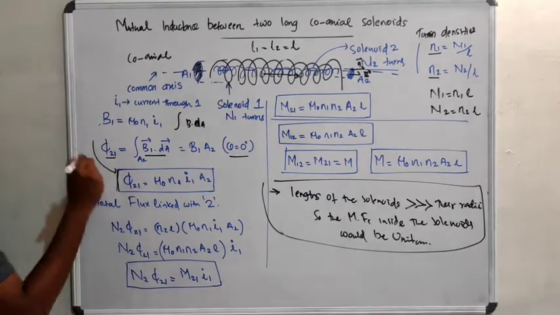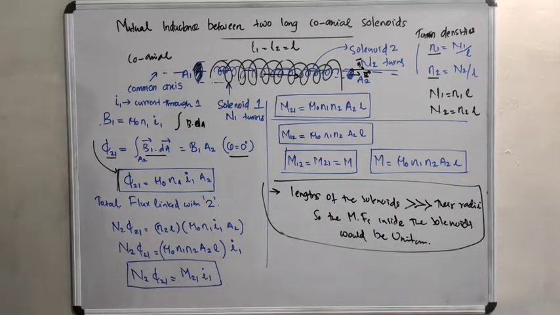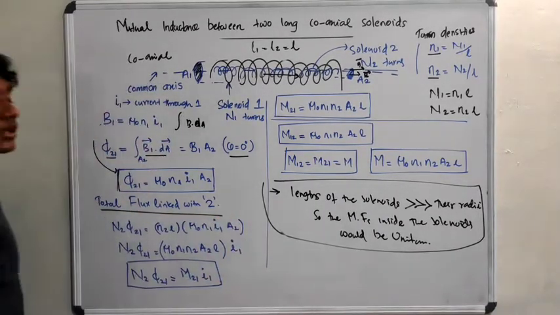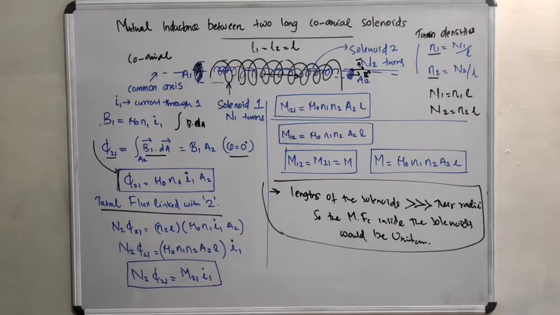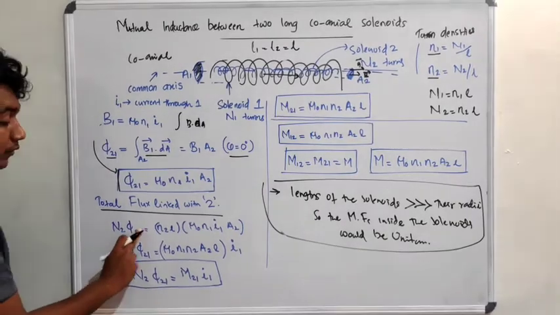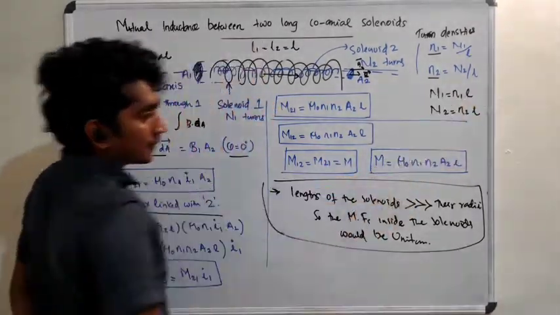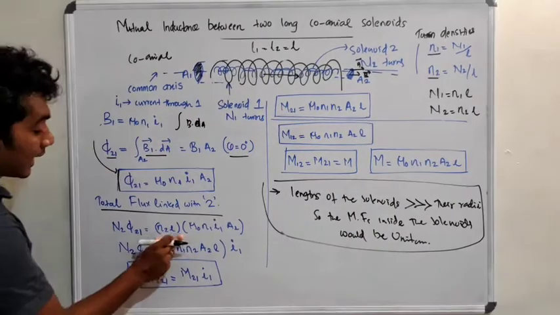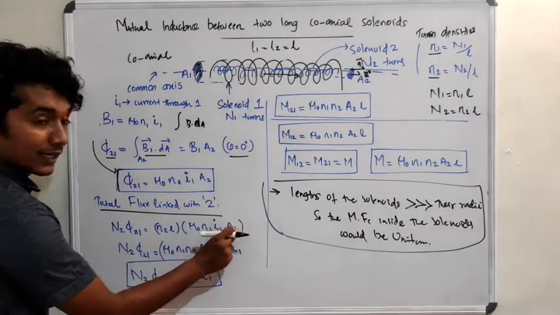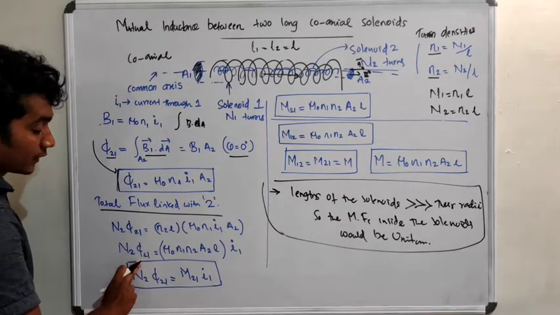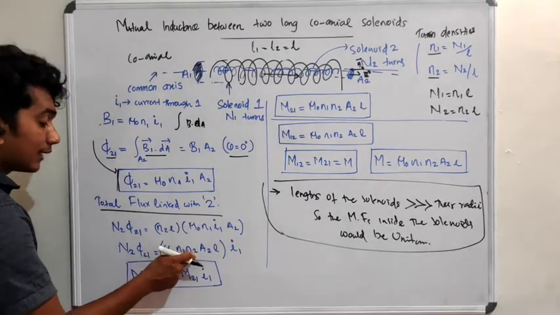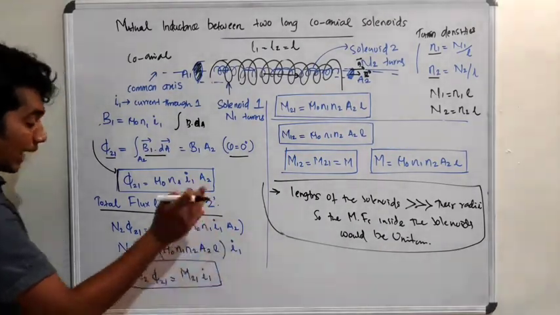Then the total flux linked with the second coil is N2 into phi 21, where N2 is equal to n2 into L. So N2 phi 21 is equal to mu 0 n1 n2 A2 L into I1.